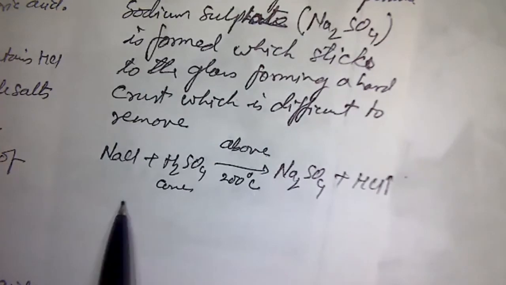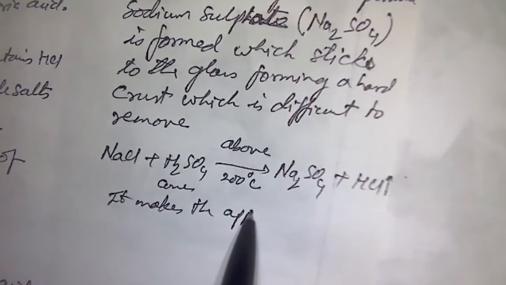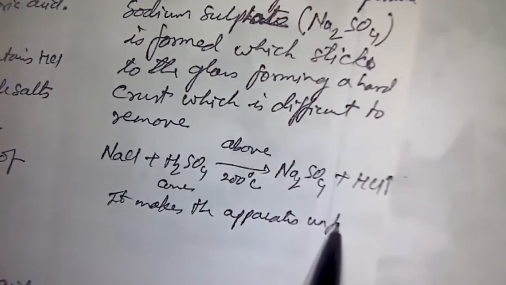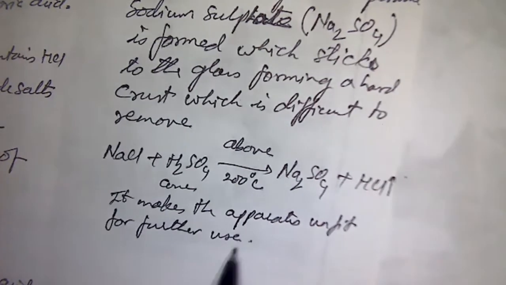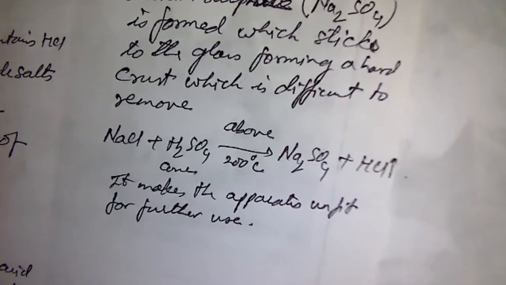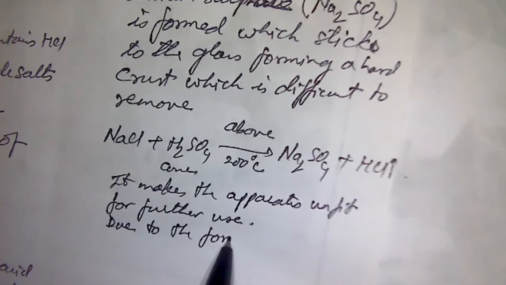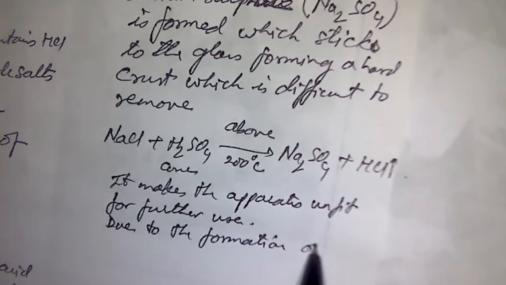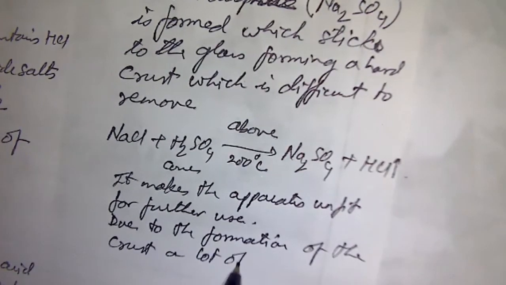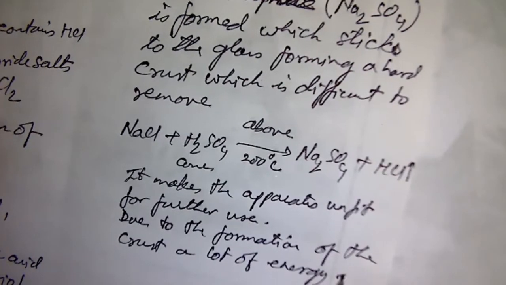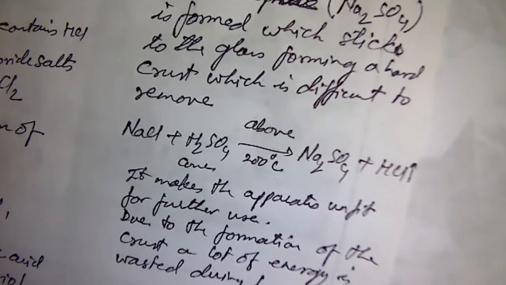So what can we write down? It makes the apparatus unfit for further use, and then due to the formation of the crust, a lot of energy is wasted during heating.